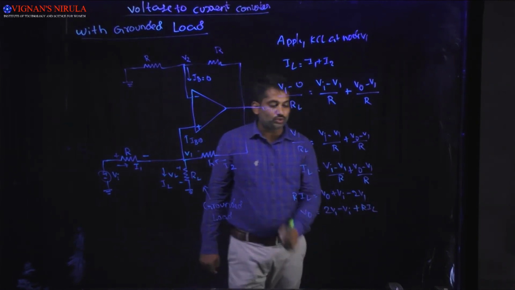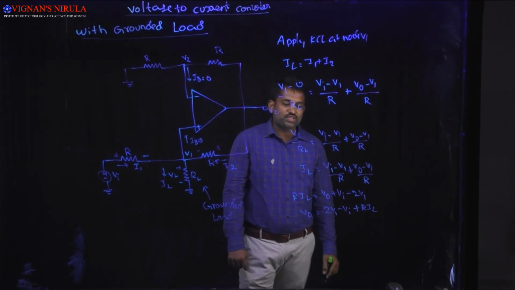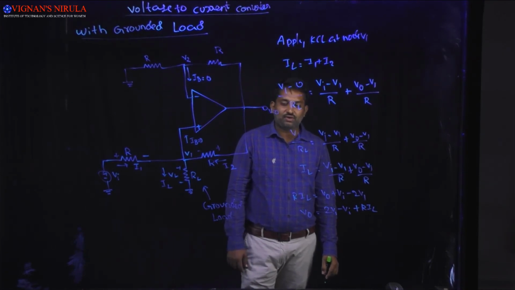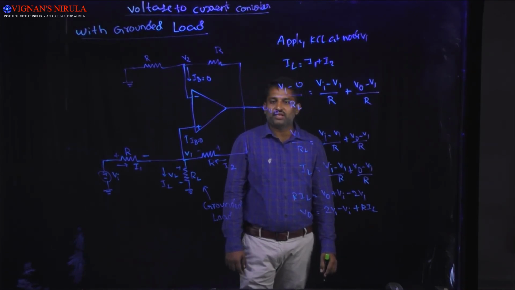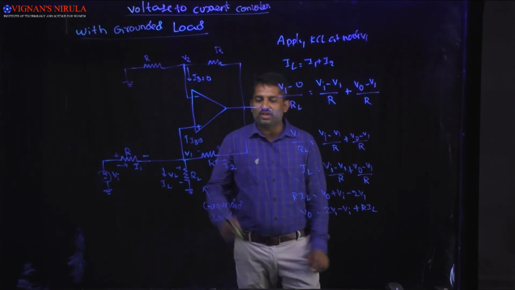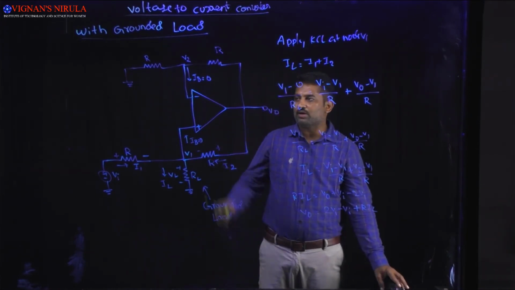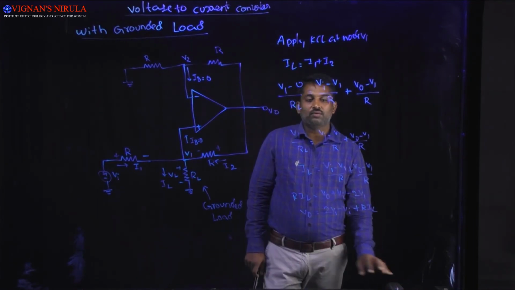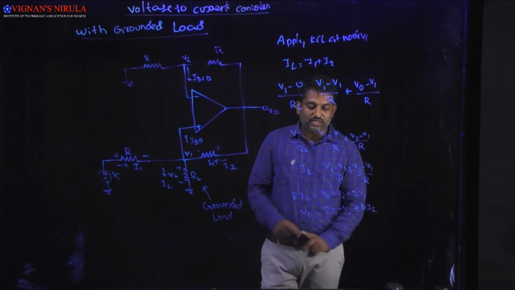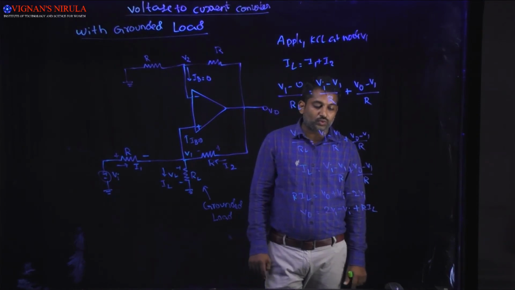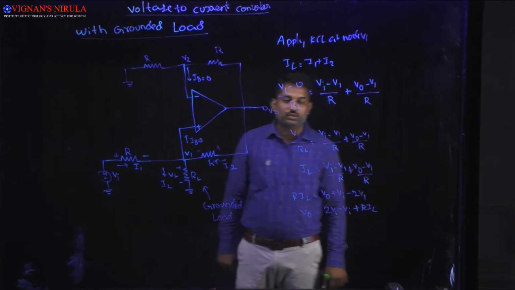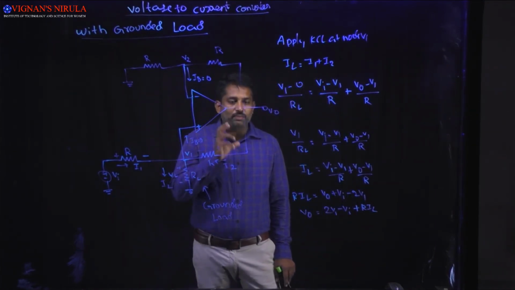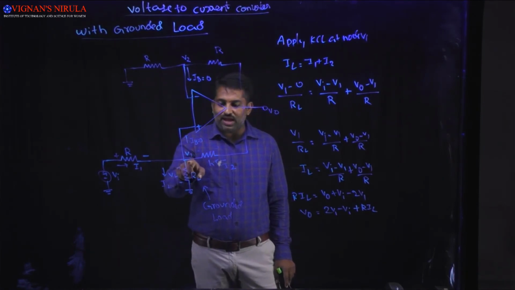This is about V0. From this we can easily calculate the value of V1 also. Why? Because this is the non-inverting op amp. We calculated the output voltage V0 is equal to 2 into V1 minus Vi plus R into IL. But our main intention is to calculate the value of V1.